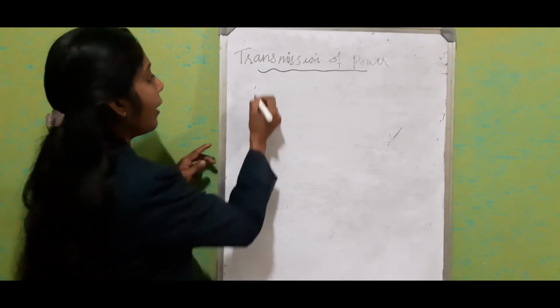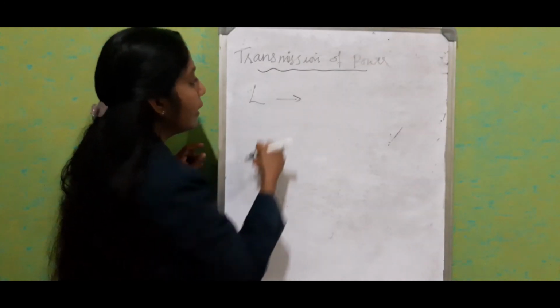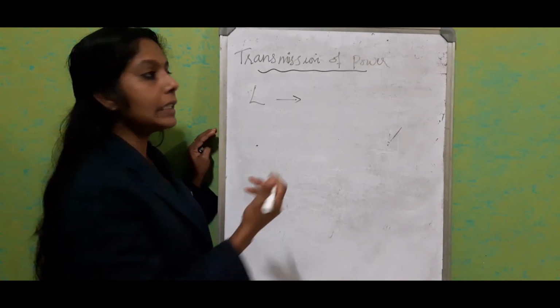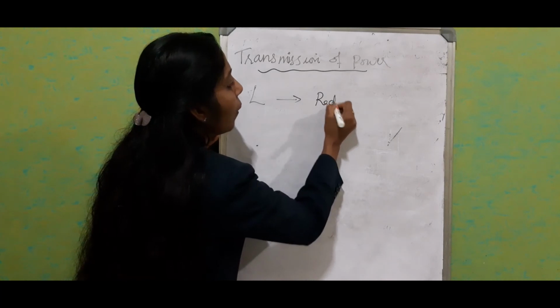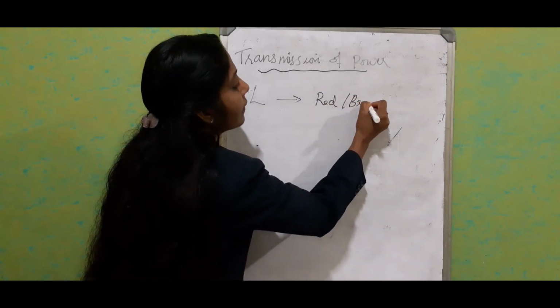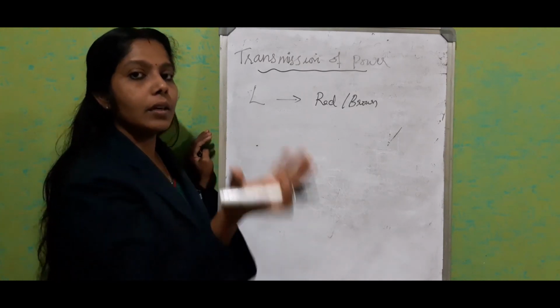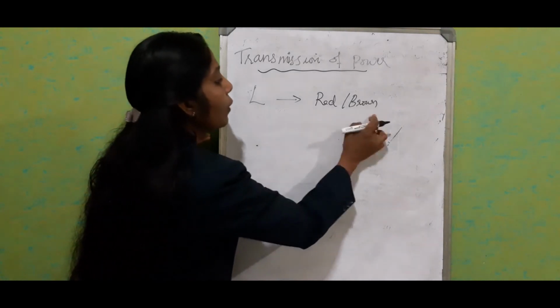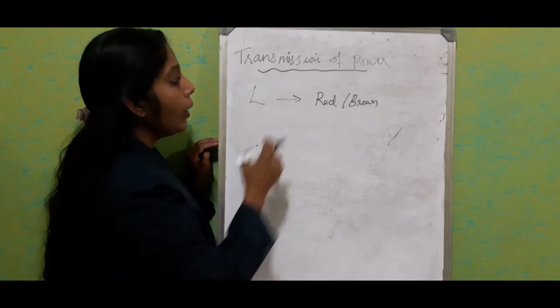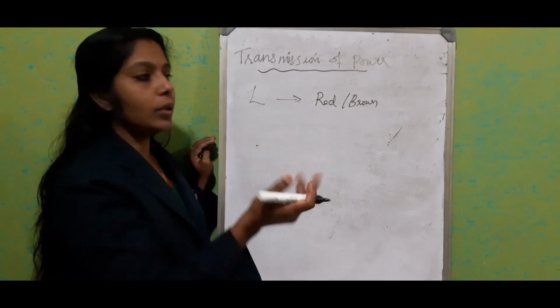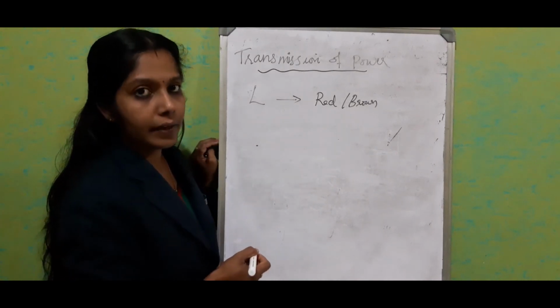For the live wire, the color code allowed is either red or brown. Whoever comes for service of the electrical appliances will also check the color code; either red or brown is always meant for the live connection.